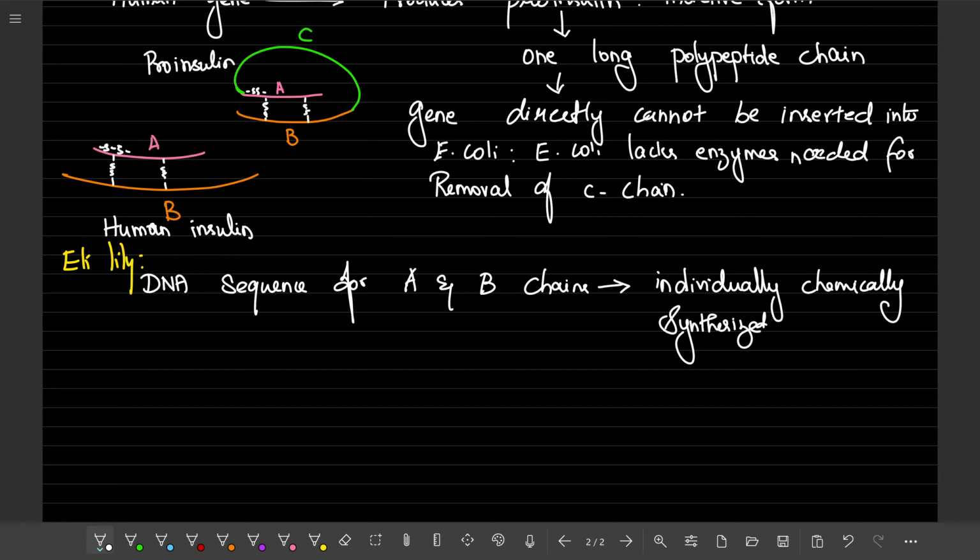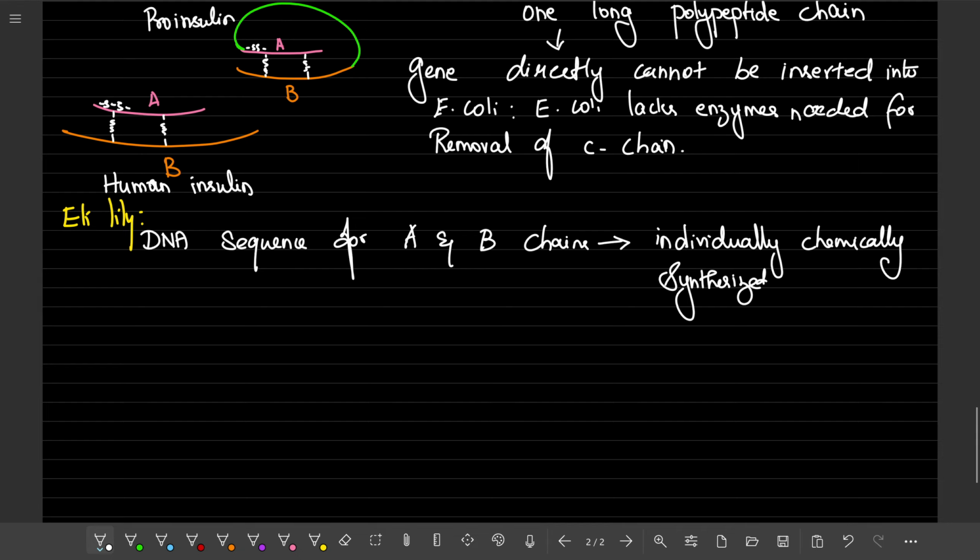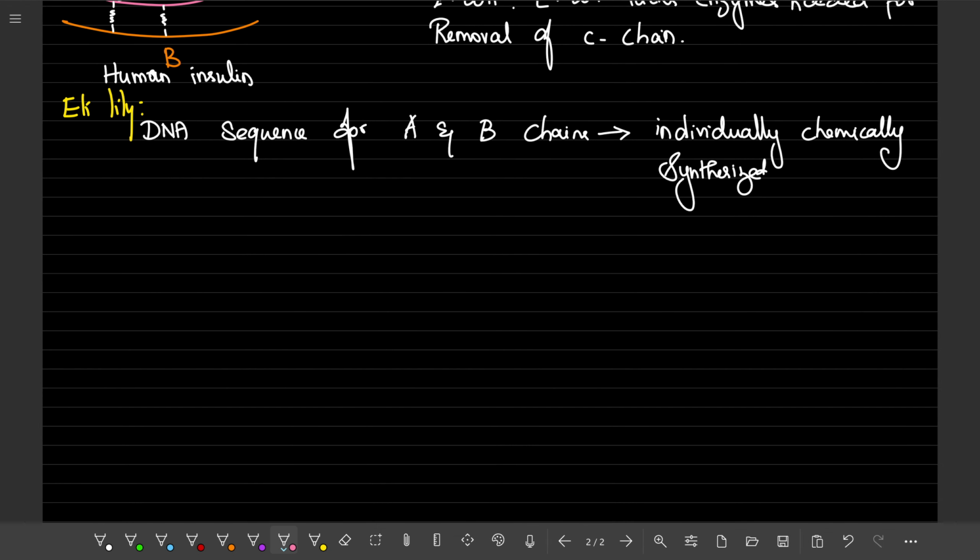Of course, the sequence was identified from the human gene only, but they didn't just take that whole gene. They saw that sequence for A chain. They chemically synthesized that sequence, and it's easy. You just have to add the bases in that same order. That is all. So they chemically synthesized the gene or DNA for A and B chains individually, separately.